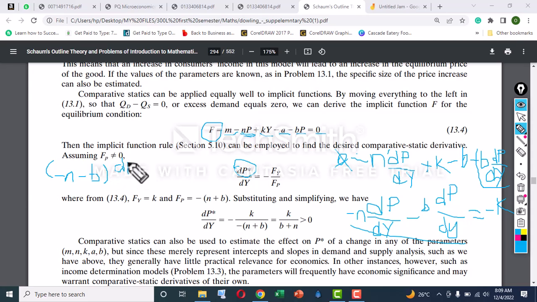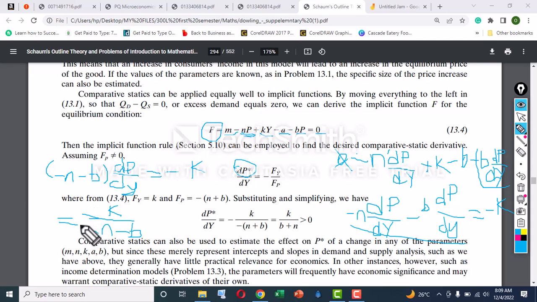By the time you factorize dp dy, everything will be equals to minus k. So divide both sides by minus n minus b. So we are going to have dp dy will now be equals to minus k over minus n minus b.